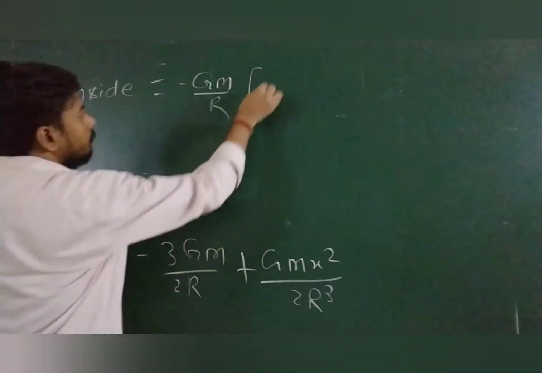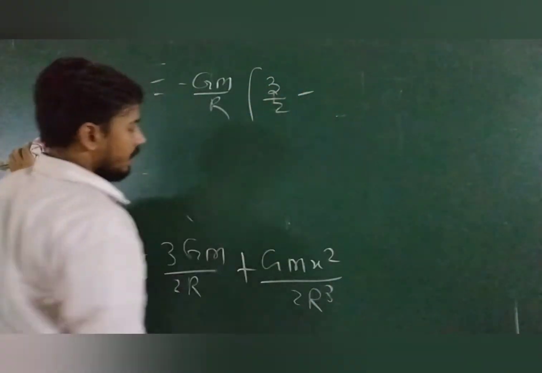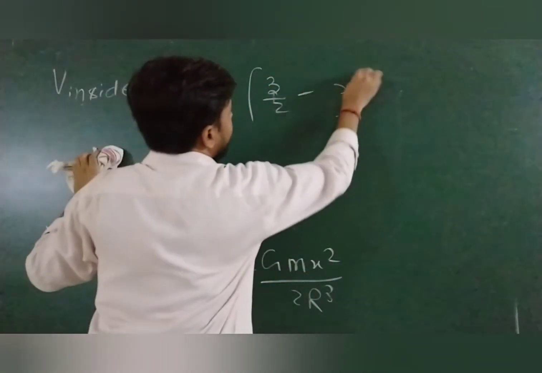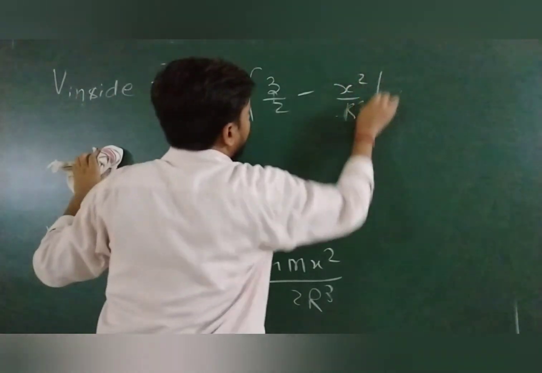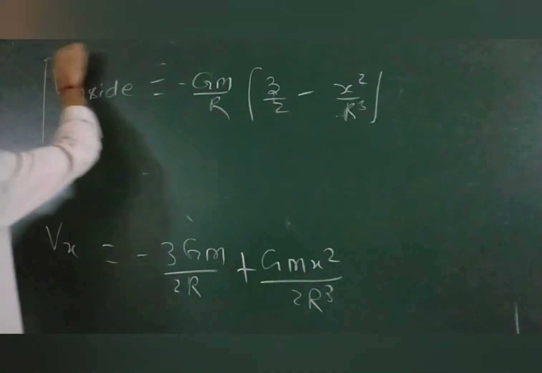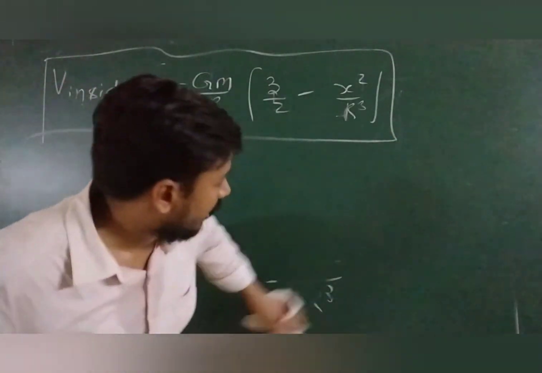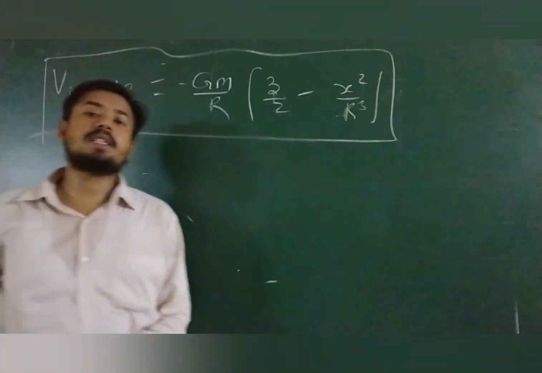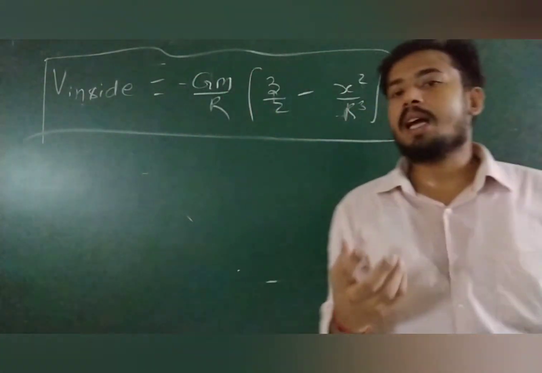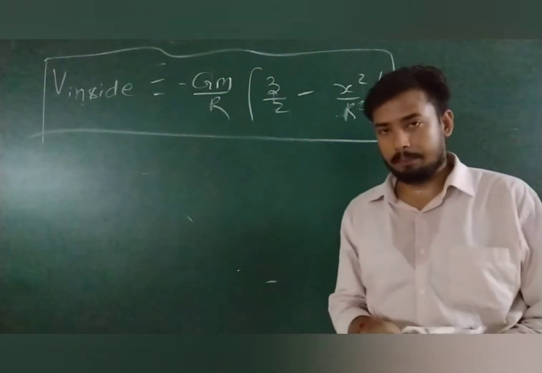So this becomes 3 by 2 minus x square by R cube. This is the result for the gravitational potential inside the solid sphere.